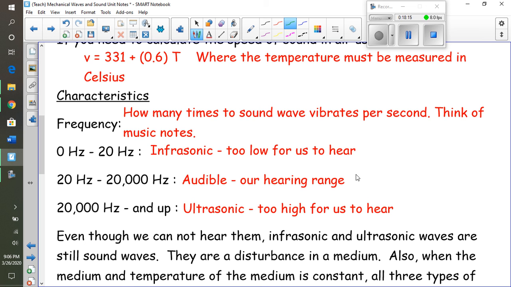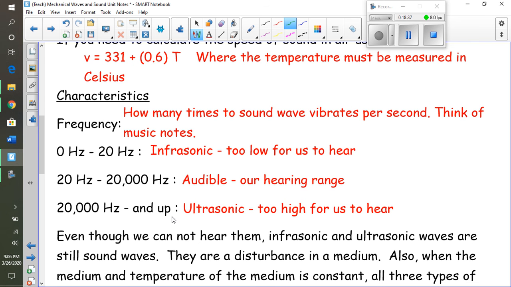That's our hearing range. These are all averages. There are some people who can hear a little below 20 and some who can hear a little above 20,000, but for the average person, it's 20 to 20,000. 20,000 on up, there's no theoretical upper limit. That's ultrasonic. Bats use ultrasonic. We use ultrasonic to look at babies.